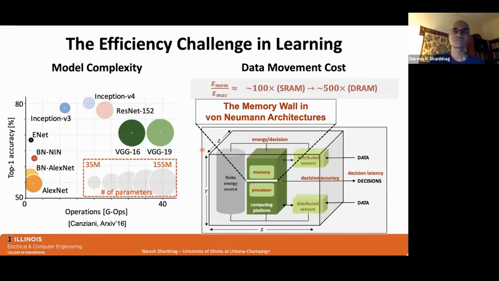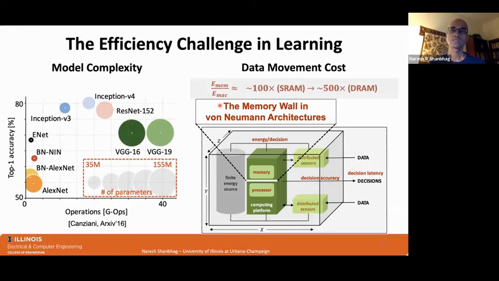Such architectures suffer from something called the memory wall problem, which says that the cost of getting data from memory onto the processor, whether it is on-chip SRAM or off-chip DRAM or flash, the energy costs are orders of magnitude higher in just data transfer, data movement.